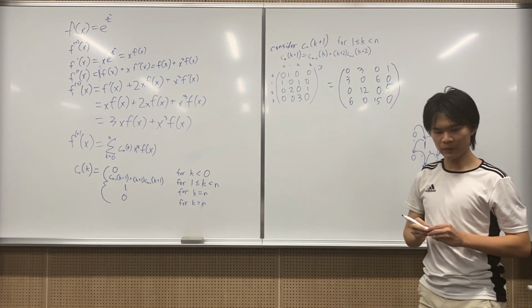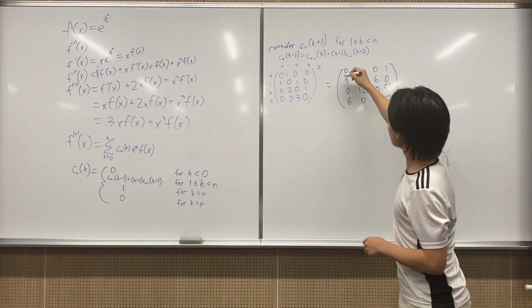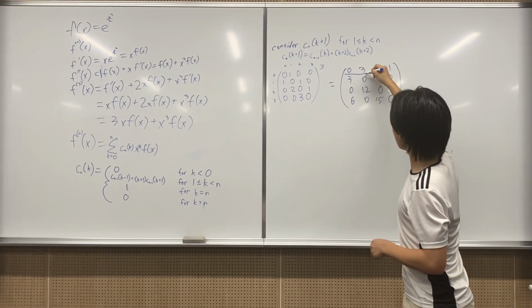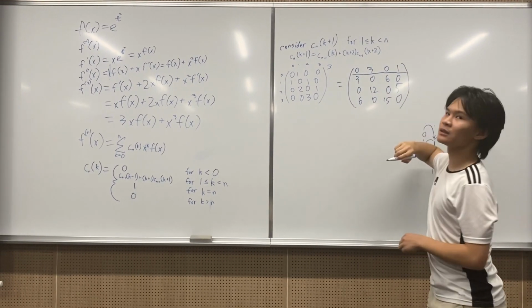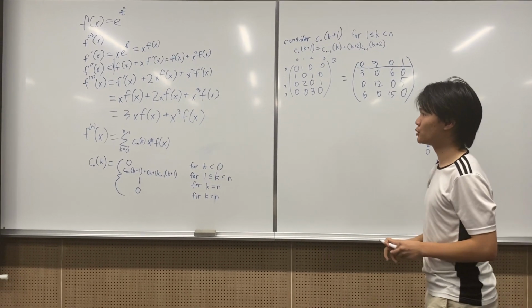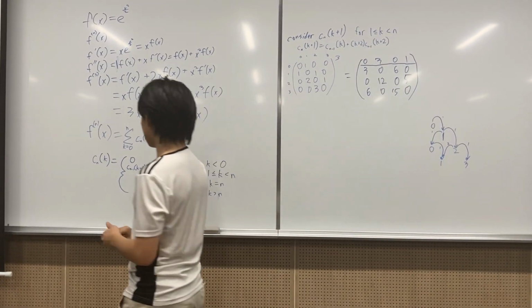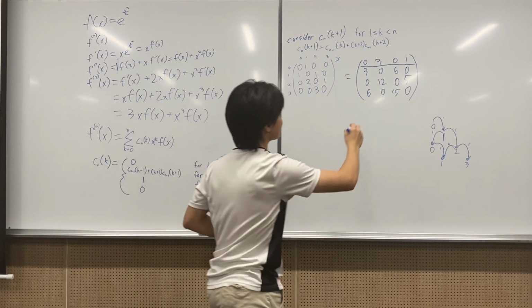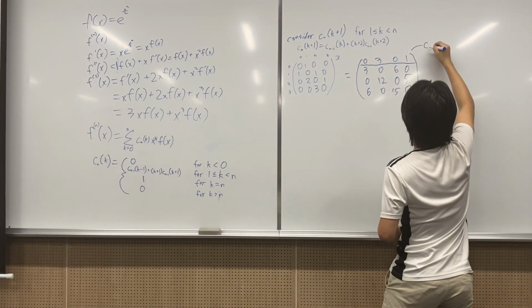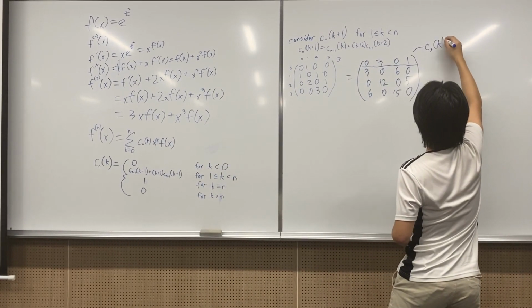And what we can see here is that this first row exactly corresponds to the coefficients c3 of k.